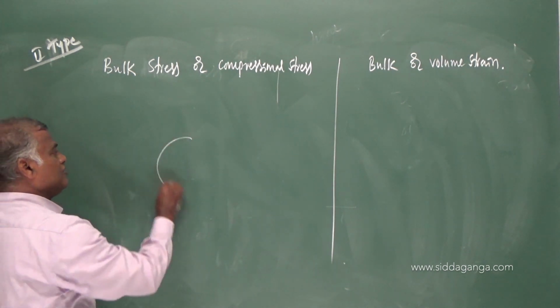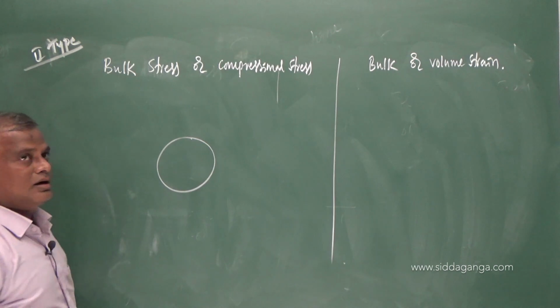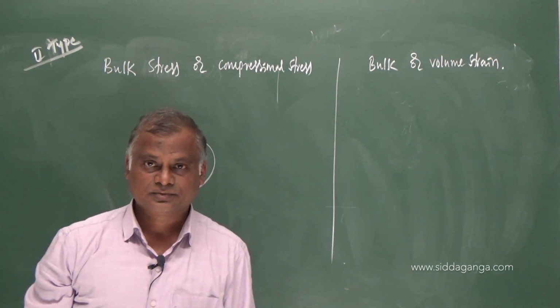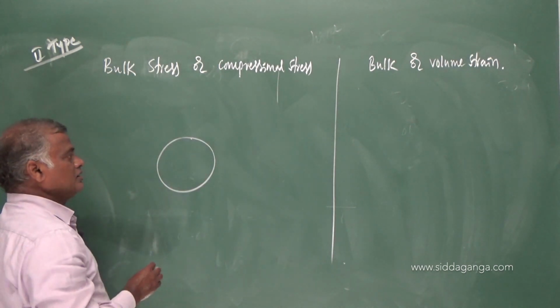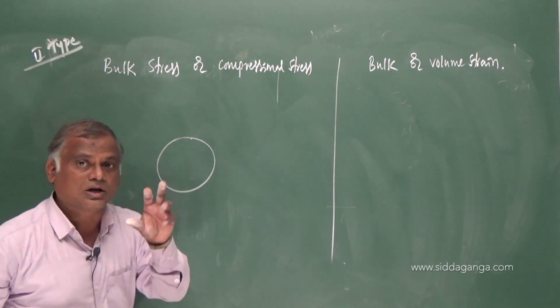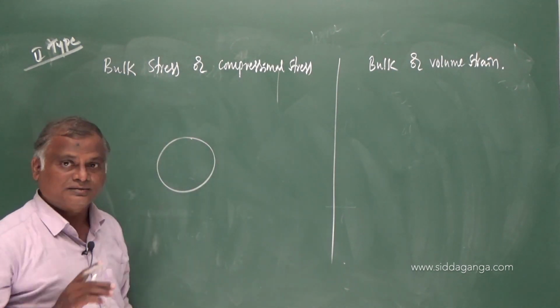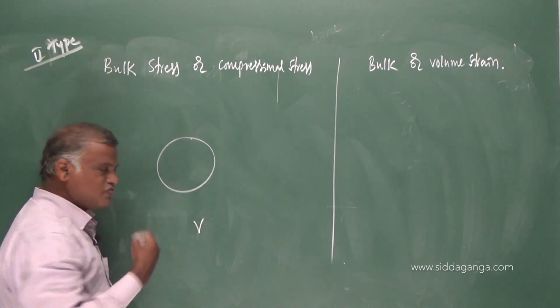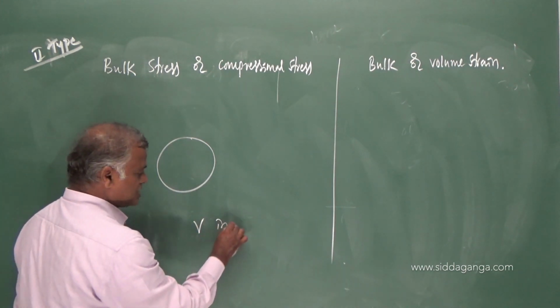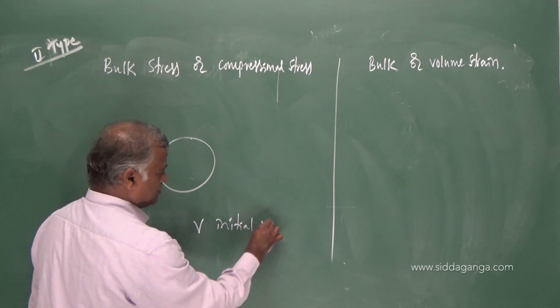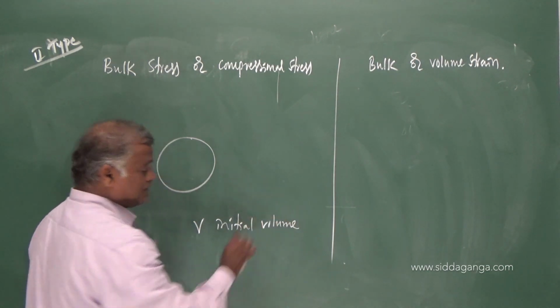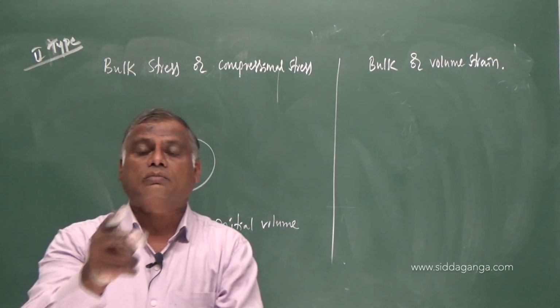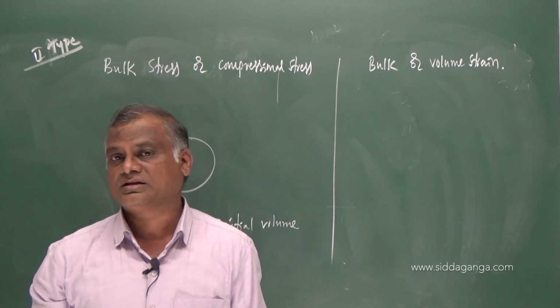Let us say you have a ball, rubber ball. Say it has some initial volume, you are not applying any forces here. Say initial volume is V. Now see, my dear students, in what direction you are going to apply the force, that will decide the type of the stress and the strain.